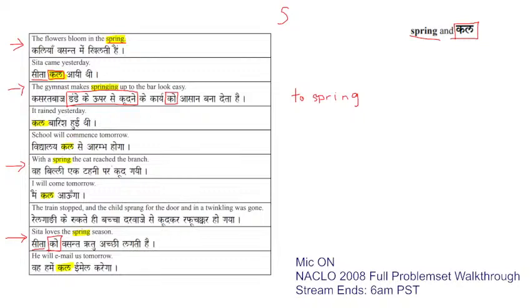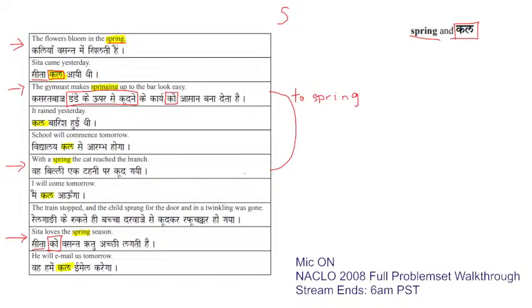With a spring, the cat reached the branch. See, with these two sentences, springing up to the bar and with a spring, those have the same meaning for the word spring, as in to jump.